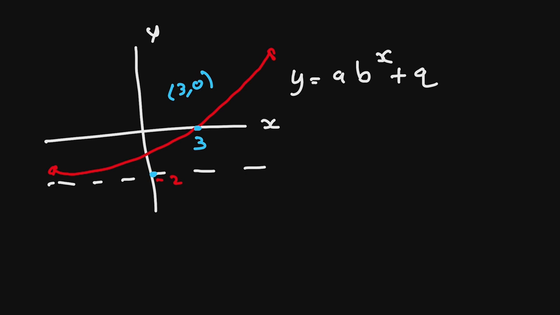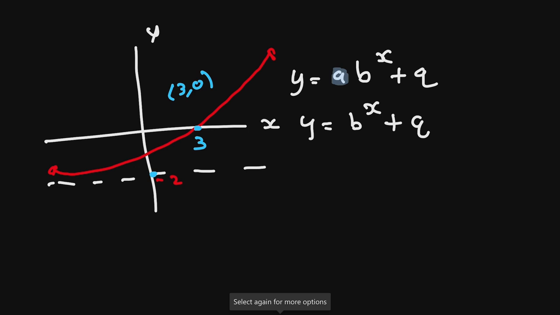So we can clearly have y equals b to the power of x plus q. Most of the time when you find this equation from the graph, you are not going to have to put this value of a here, because the value of a only represents whether the graph is positive or negative.